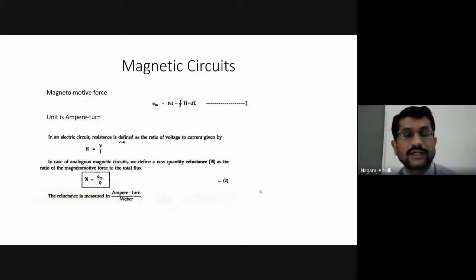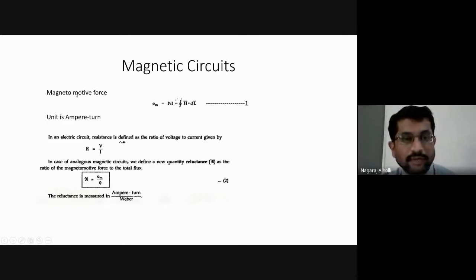The change in potential which causes the current, right? The difference in potential between the 2 points which makes the current to flow is called as the electromotive force. What is the unit of electromotive force? Volt. Yes or no? Unit of electromotive force is volt.